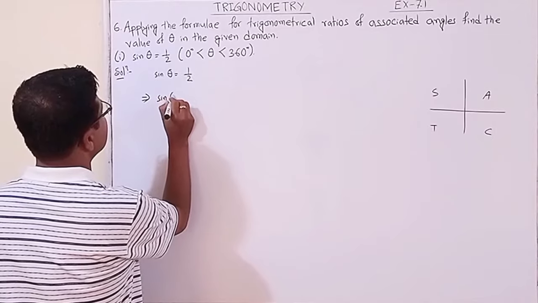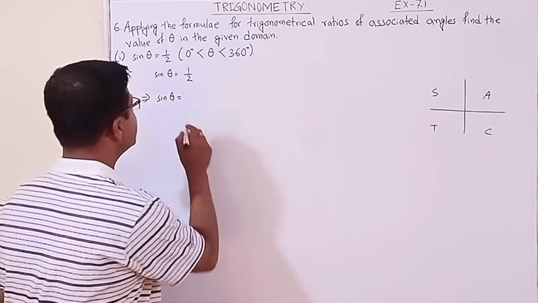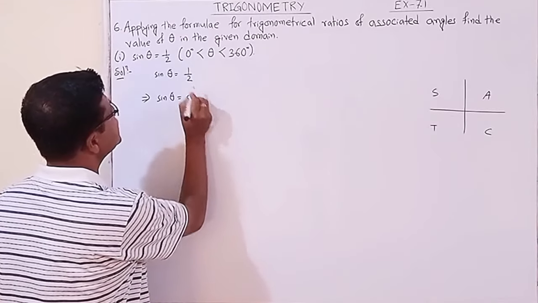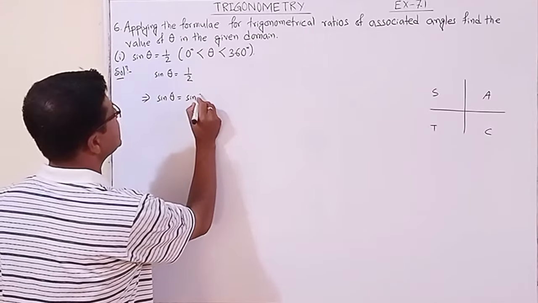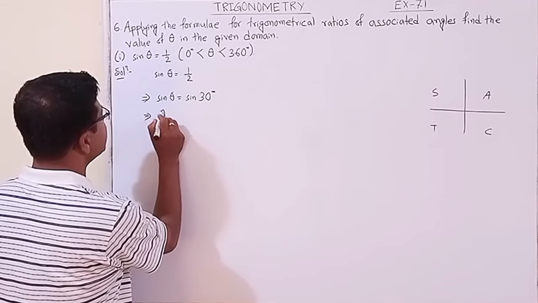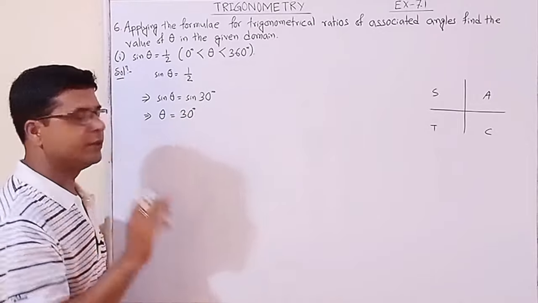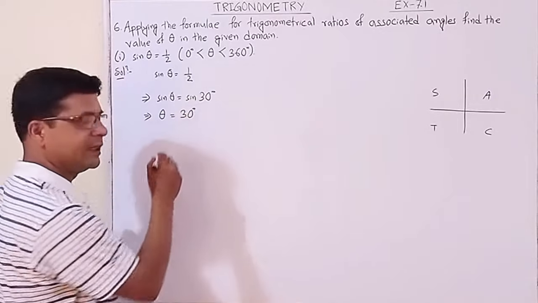Sin theta is equal to half. Now my dear students, can you say the sine of which angle is equal to half? Yes, sine of 30 degree is equal to half. So here theta is equal to 30 degree. There is one request, please do not cancel sine.